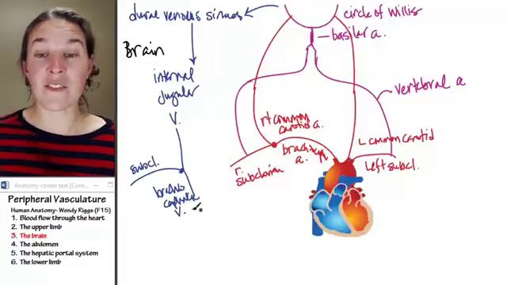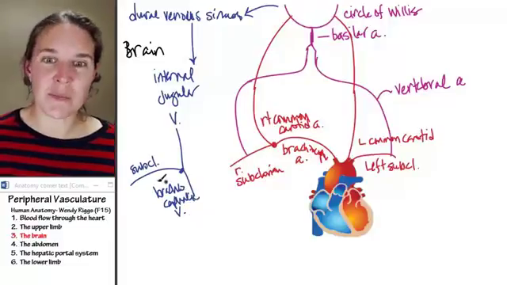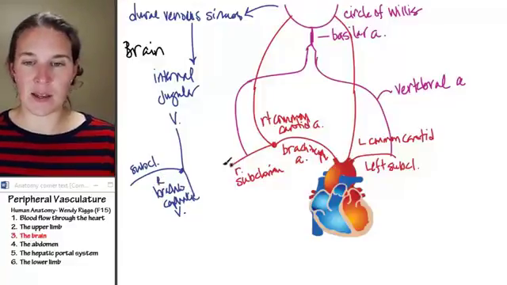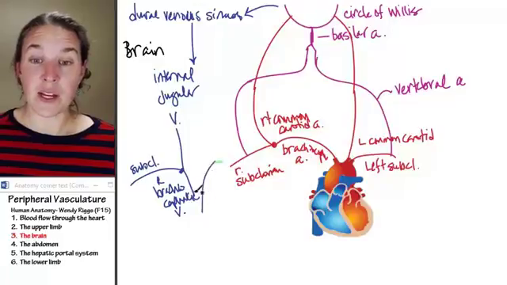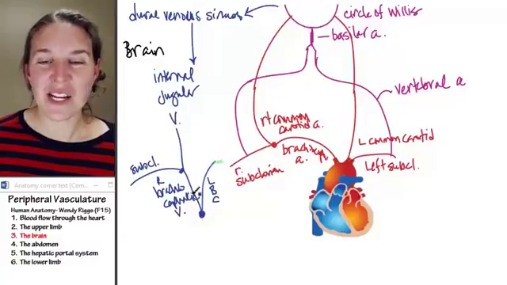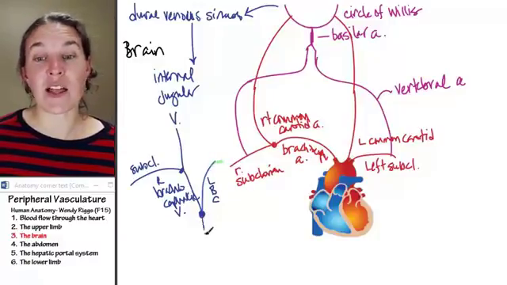The brachiocephalic vein, and this would be my right brachiocephalic. And, excuse me, not like that. The left brachiocephalic, how's that? The left brachiocephalic combines with the right brachiocephalic to form who?